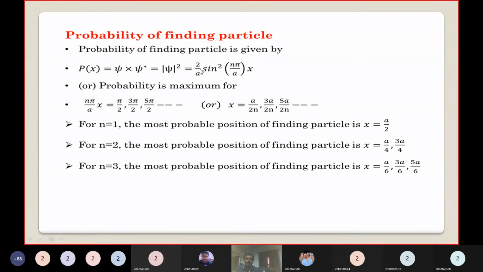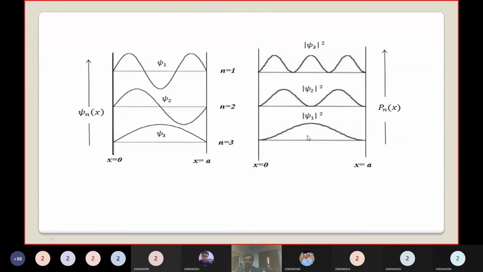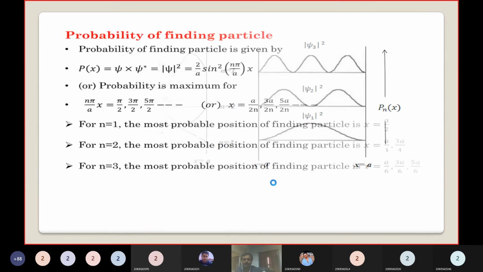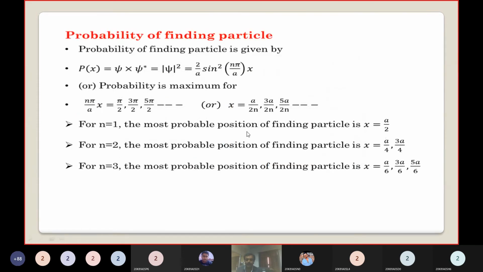We already know the psi value, under root of 2 by L, or a, so 2 by a into sine square n pi x by L. If you substitute that, according to this formula we can calculate the probability. So for n equal to 1, this is the probability of finding the particle. For n equal to 2, this is the probability. For n equal to 3, this is the probability of finding the particle. Like that, we can calculate the probability of finding the particle.